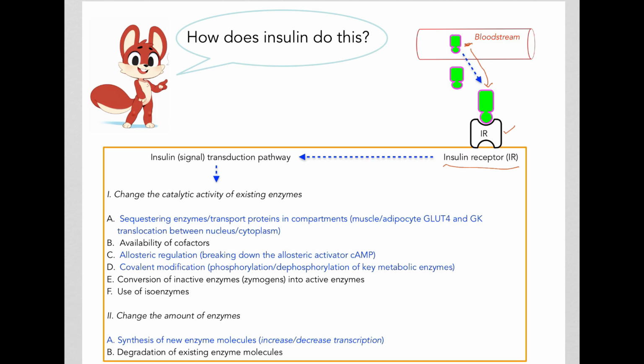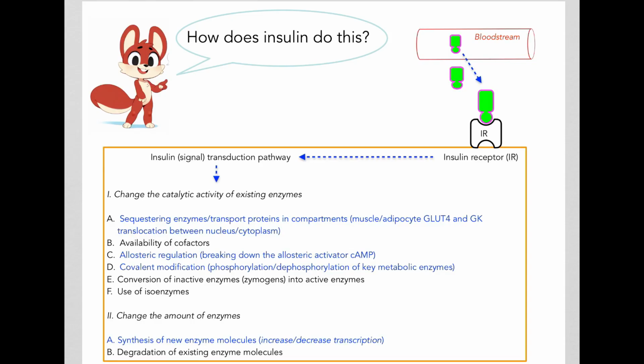If there are no receptors present, the insulin will simply go back into the bloodstream. Once insulin binds the receptor, this triggers a signal transduction pathway, an insulin transduction pathway. So here insulin is the signal.